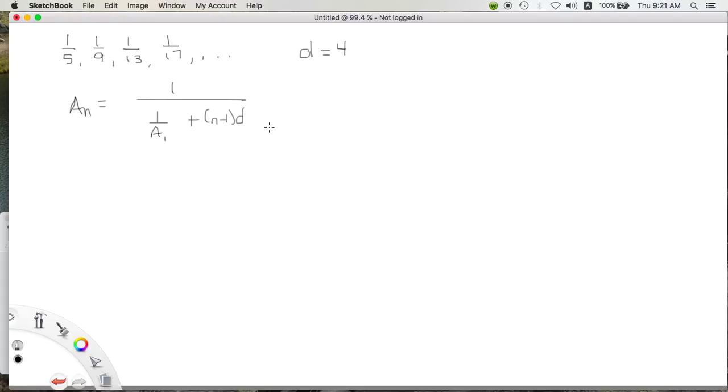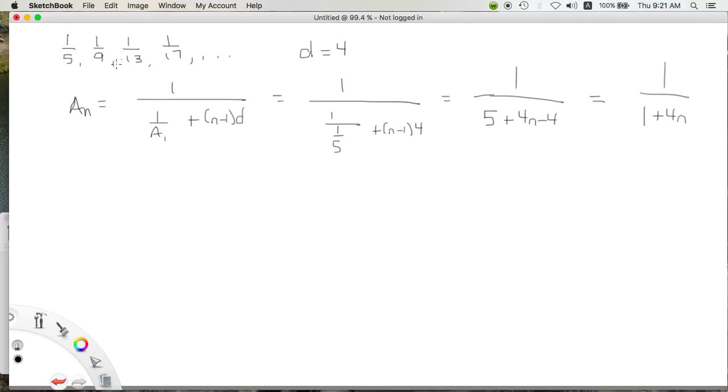I plug in, I've got 1 over, and then 1 over 1/5 plus n minus 1 times 4. So 1 over 1/5 is, of course, 5, plus 4n minus 4, and simplify. So my general term would be 1 over 1 plus 4n.